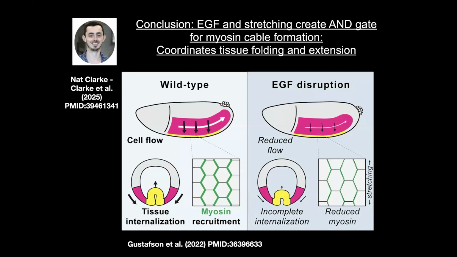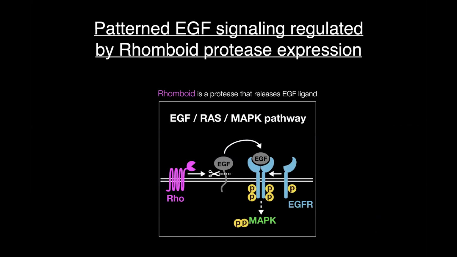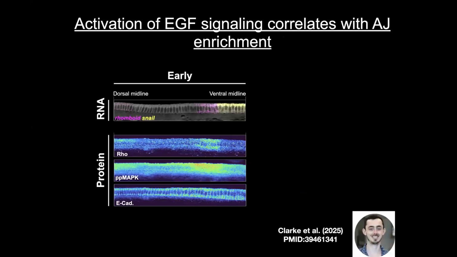So EGF is patterned in the embryo by the expression of this rhomboid protease, which cleaves a membrane-tethered EGF ligand, which releases the EGF so that it can signal through its receptor. Here is what this looks like with cellular resolution. This is a lateral flank of an embryo.